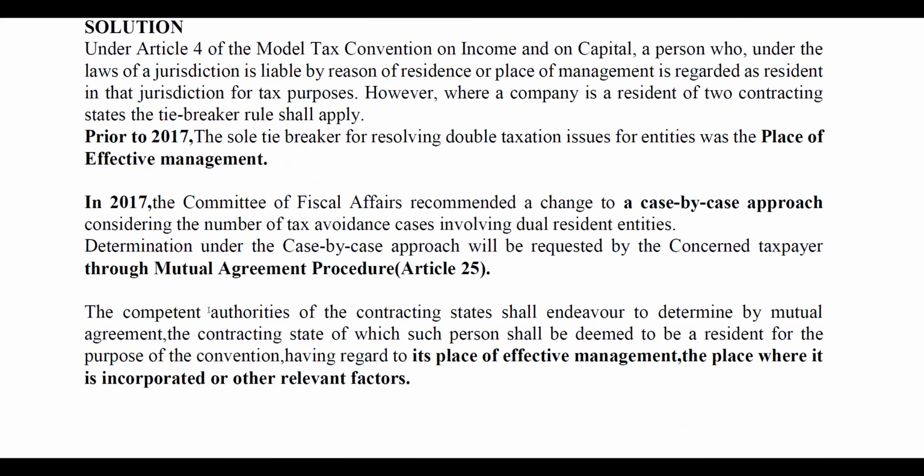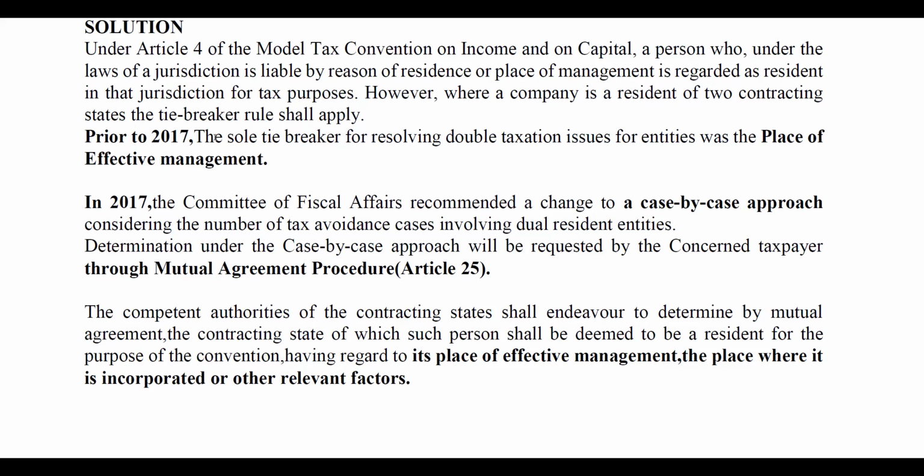There's a different scenario. So you see how I started. I started that under Article 4 of the Model Tax Convention, a person who under the laws of a jurisdiction is liable by reason of residence or place of management is regarded as resident in that jurisdiction for tax purposes. However, where a company is a resident of 2 contracting states, the tiebreaker rule shall apply.